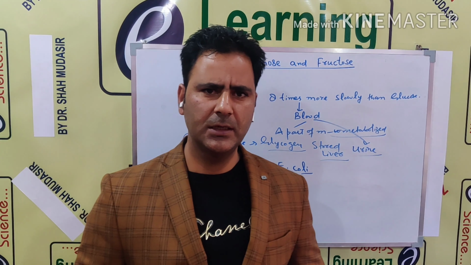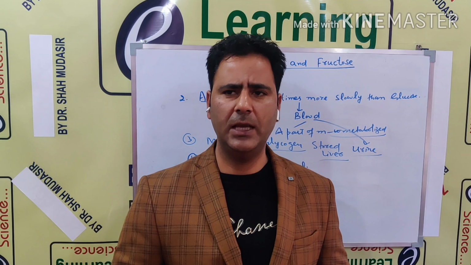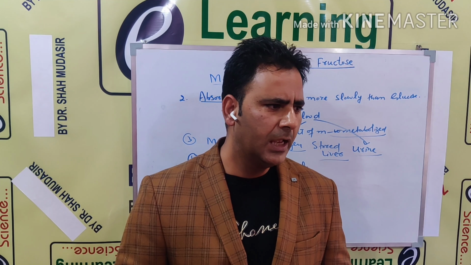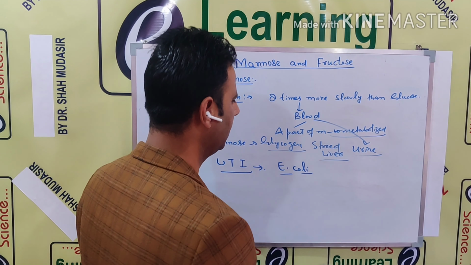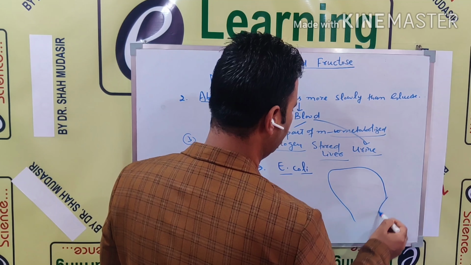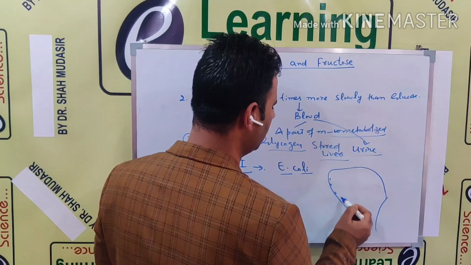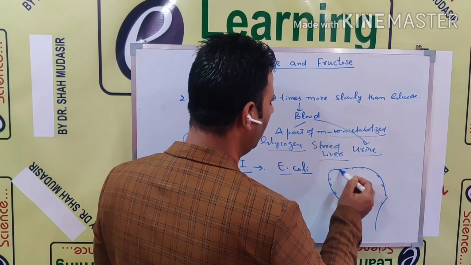And the probable causative organism for this cystitis we have observed so far is E. coli. This E. coli basically lines the wall of the bladder. The E. coli is supposed to adhere to the wall of the bladder.